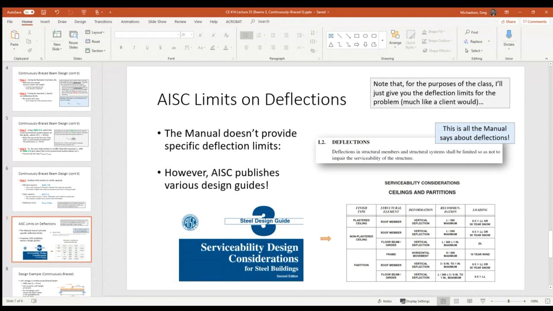There's a reason for that. The reason why the manual doesn't specify deflection limits is because in steel design, the concept is they want to leave the specific limit to be up to the client. So if the client wants a deflection limit of L over 600, then that's what you use for design. Plus, steel beams don't crack.